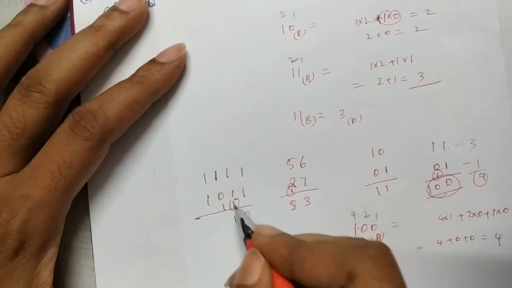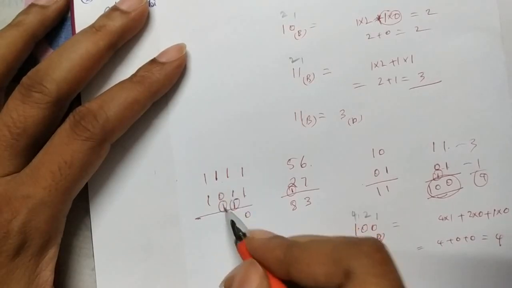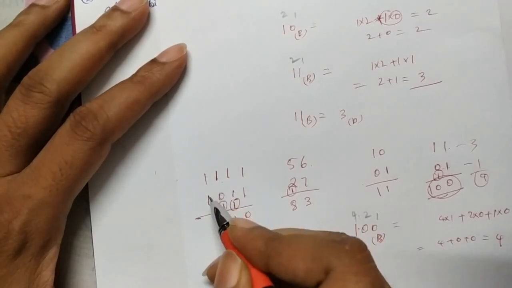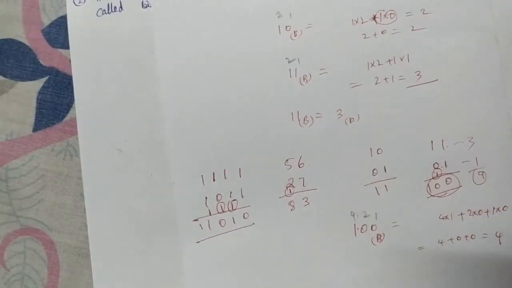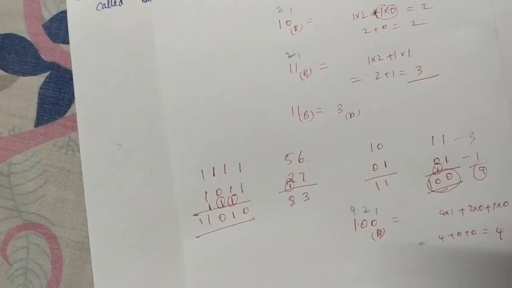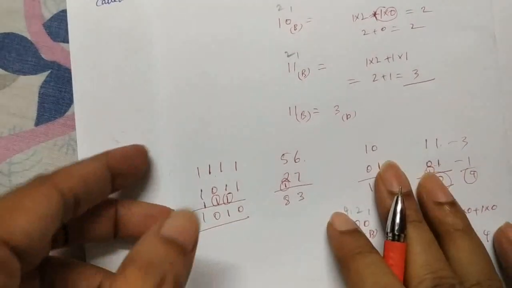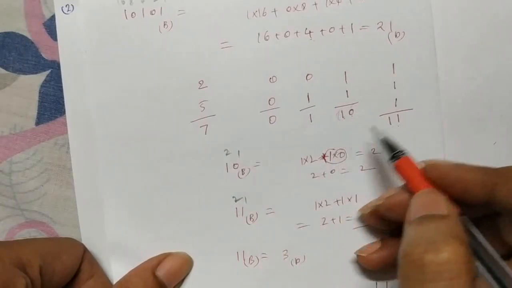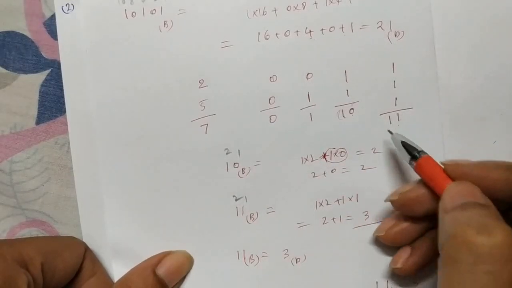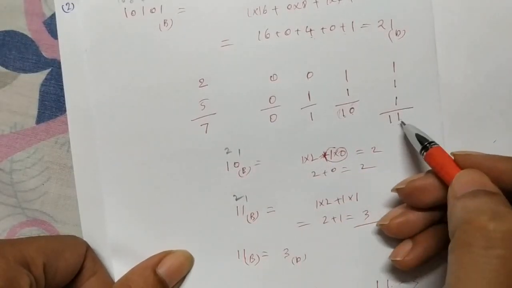This is the number we get. Because when you add 1 plus 1, you get 1, 0. This goes as carry. And if triple 1 is there, you get 1, 1. That's why 1 is the carry and 1 remains there.